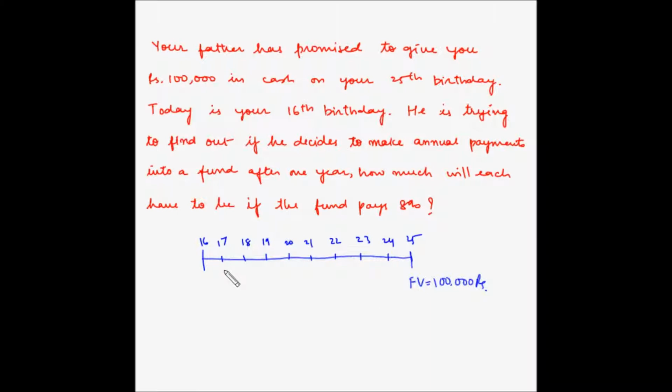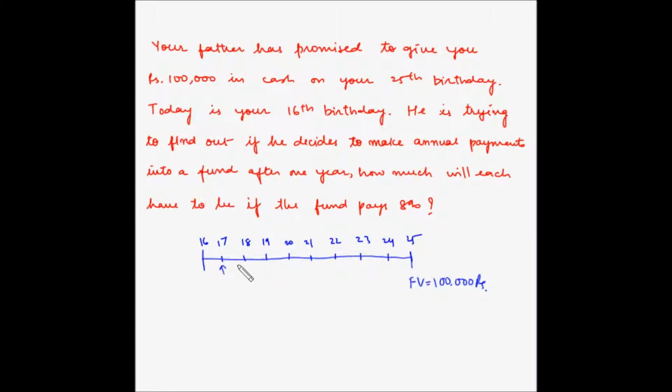Now, your father wants to make annual payments into a fund starting 1 year from now, that is, starting from here. And the same amount he wants to deposit at a gap of every year.